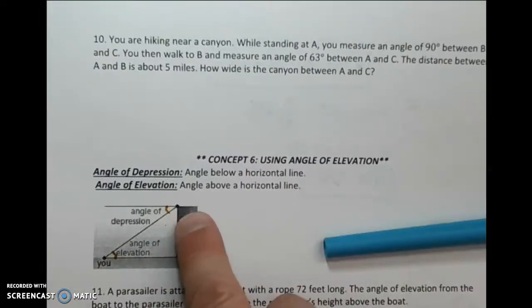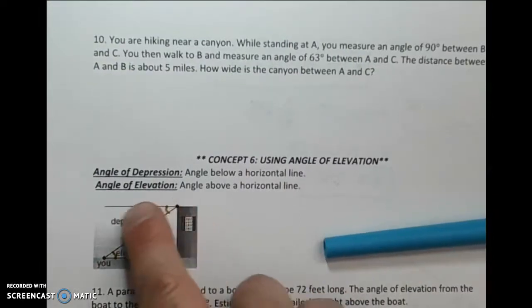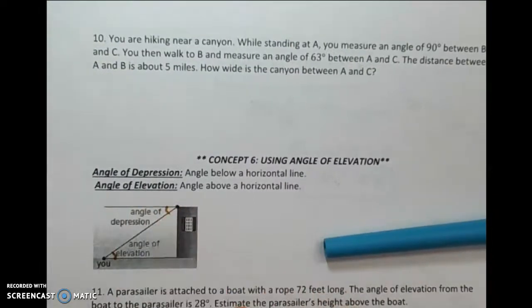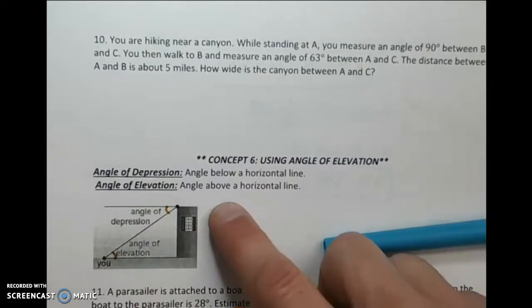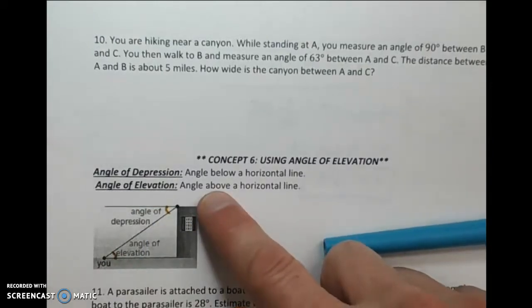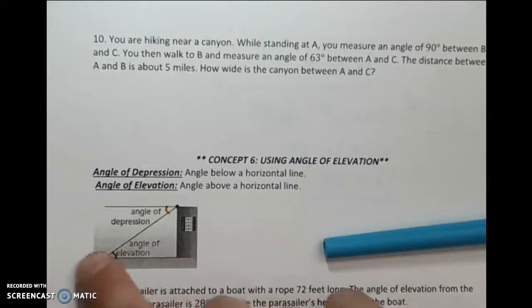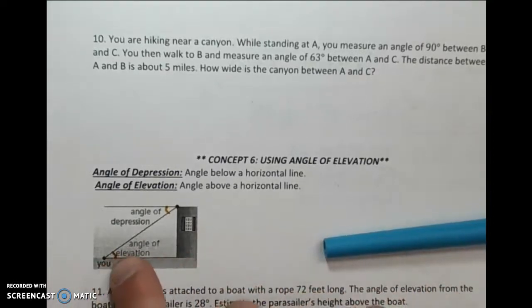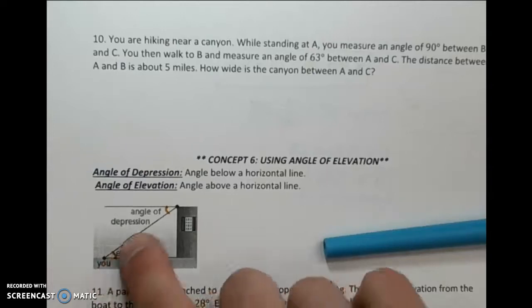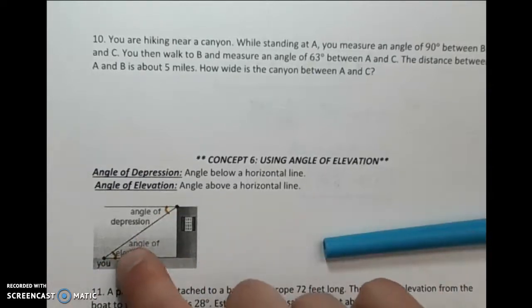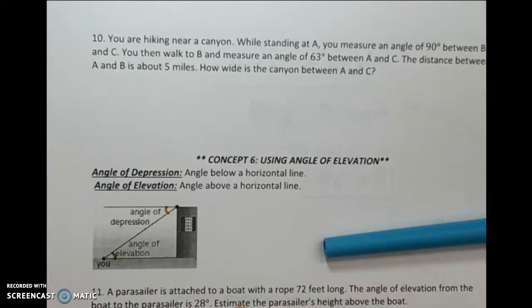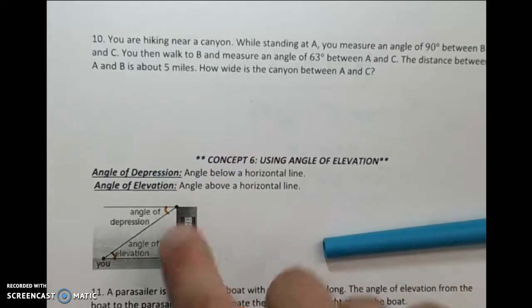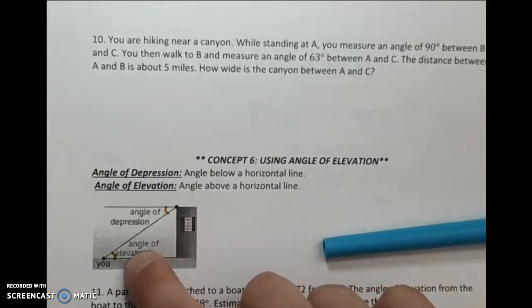So it's not between the building, it's between your sight line and the angle right there. That's the angle of depression. And then your angle of elevation is the angle above the horizon line. In this case, the horizon line would be the ground or your eyesight here, and you would look up towards the top of the building. That would be the angle of elevation. So angle of elevation is a little easier. Angle of depression is a little different than what you initially think. It's not between the building and the ground.